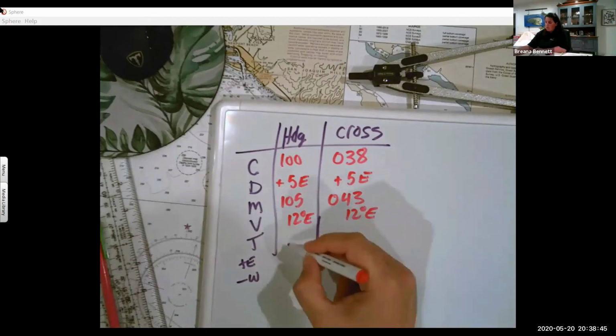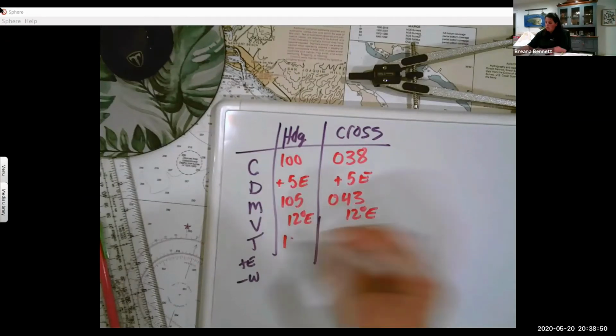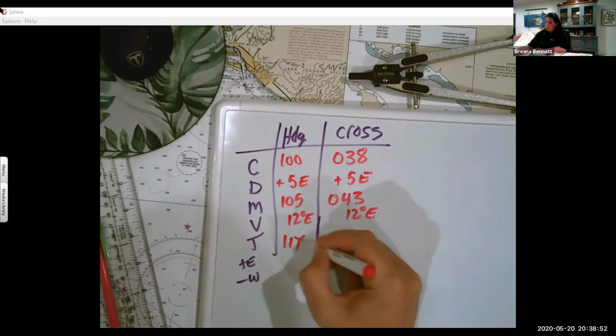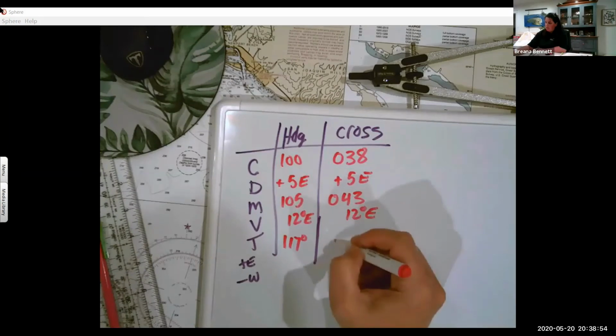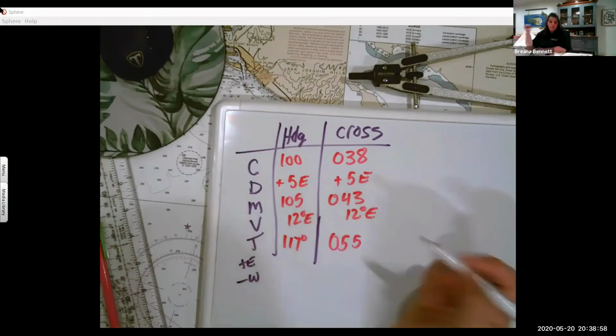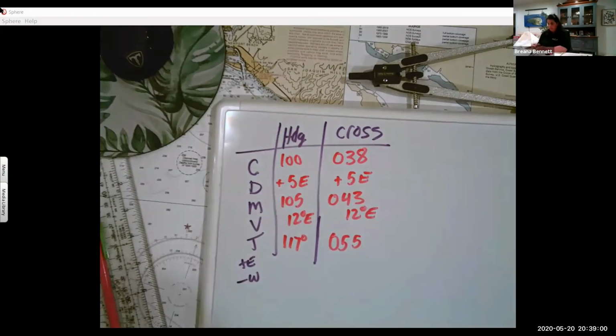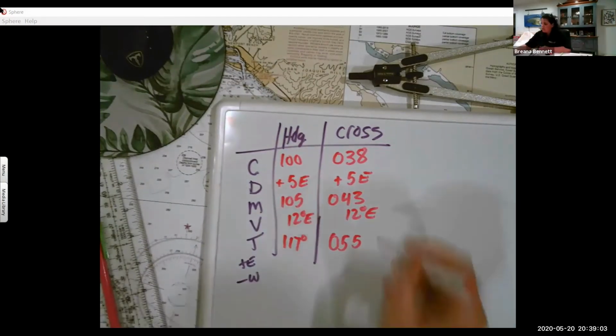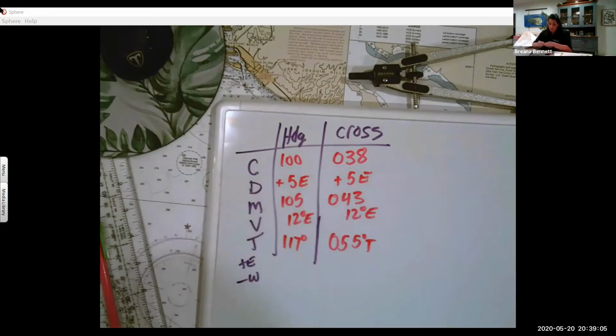So that is 117 and 055 degrees true. So that's what we're using. Our trues.